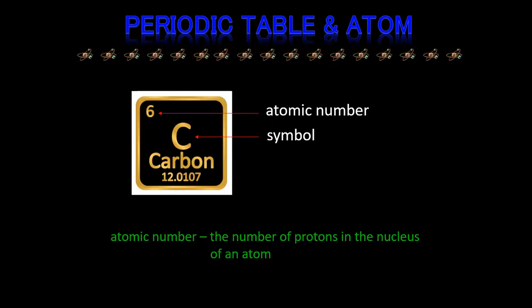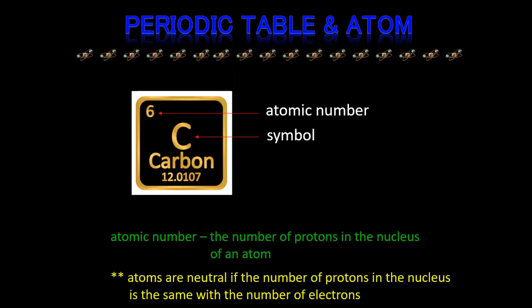So every atom of carbon has 6 protons, and if you have an atom that has 6 protons in it, then it is also an atom with 6 electrons, an atom of carbon. Okay, so the number of protons identifies the atom. So 6 protons equals carbon.